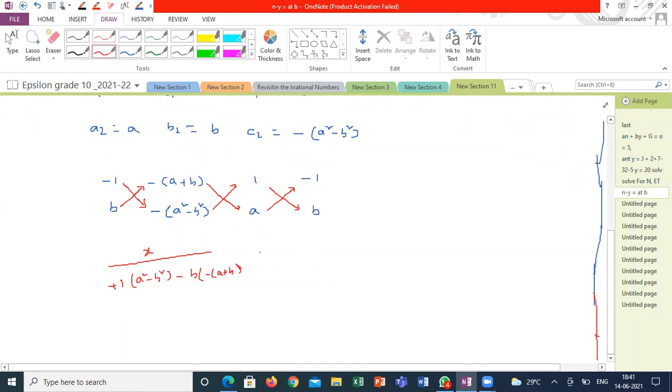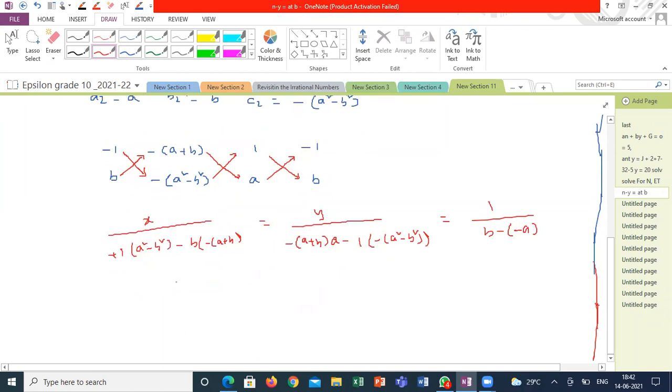Correct? y divided by minus a plus b into a minus 1 into minus of a square minus b square. 1 divided by b minus of minus a. Correct or not?